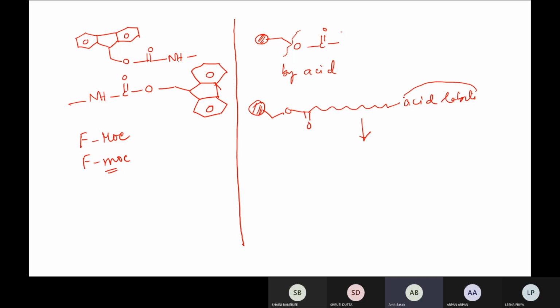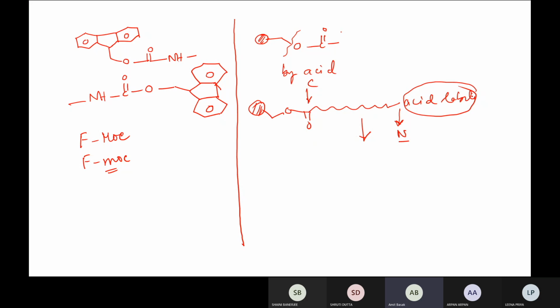So this protecting group should be what? Which amino acid is at this end? Is it the C terminus or N terminus? Because it is solid phase, this is your C terminus, and this is your N terminus.